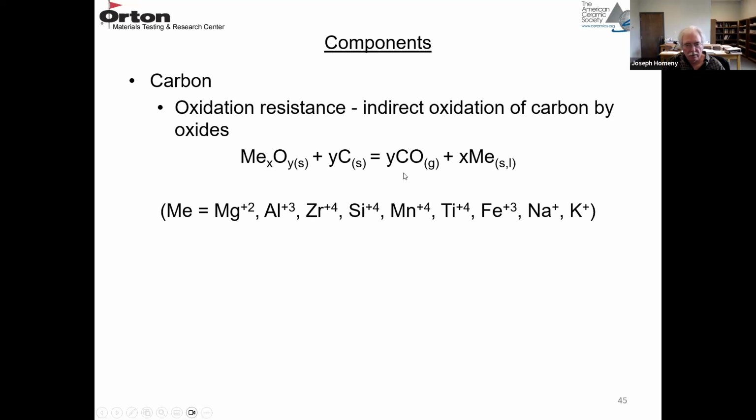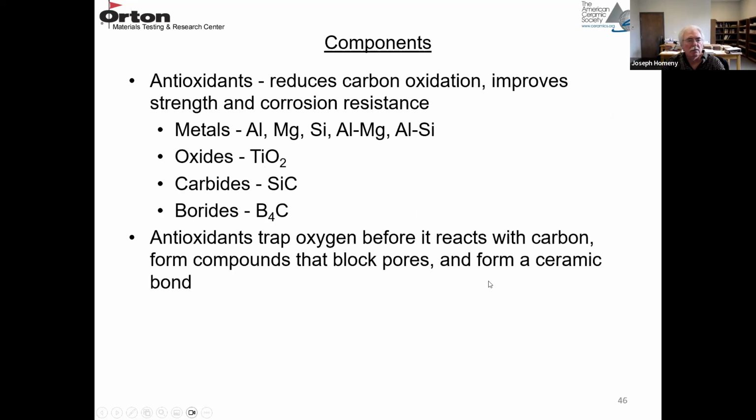And that's basically how iron oxide is reduced to iron. In a blast furnace, you just add carbon to the oxide and you form the metallic form of iron. But it also removes carbon from these composites.